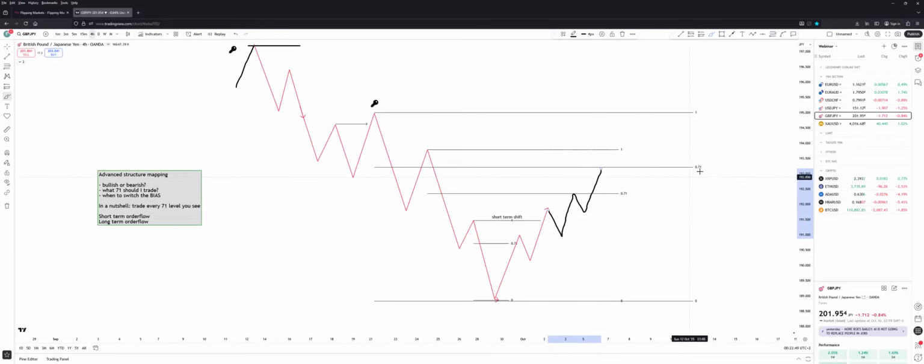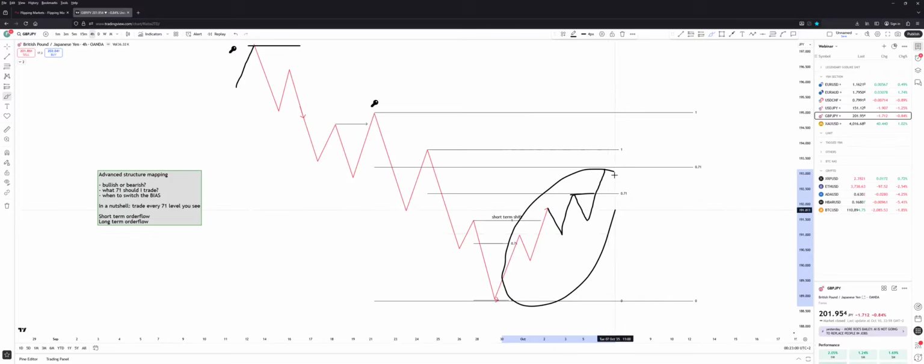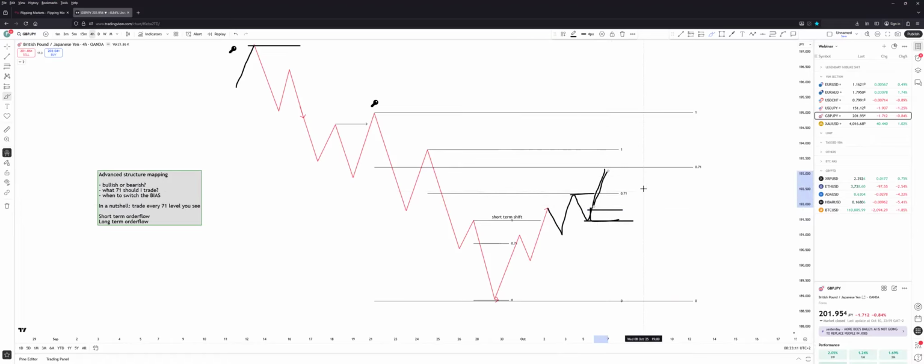Here, for easier understanding, let's just say that it doesn't mitigate the protected level, but at the same time, it breaks the high point in a short-term flow. It breaks the high point and creates a nice low point, and let's just say really beautiful order block and really beautiful volume being created on this movement.